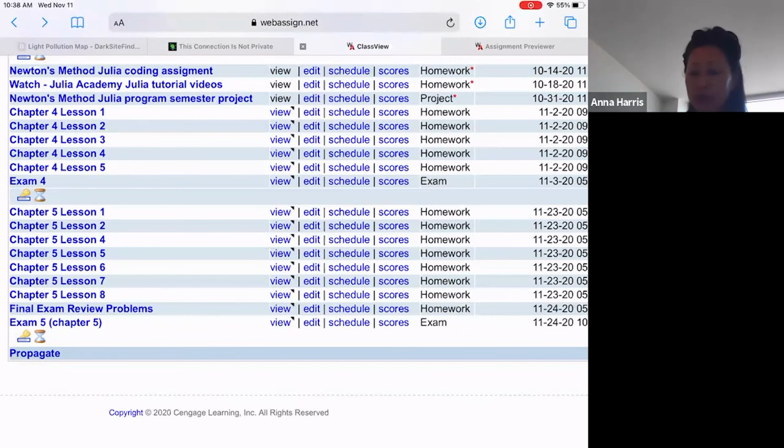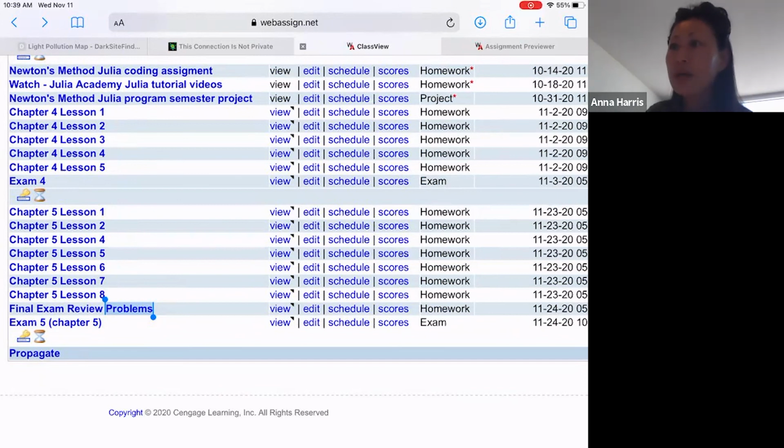But remember, your exam is on 24, and everything needs to be done by 23rd, and you need to start working on the final exam review. You need to start on those because your final exam is coming from there. Do not just work on your chapter 5 assignments. You need to start working on your final exam review problems because your final exam is on 25th. Okay, so everything is to be done. All right, I'm probably going to let you guys go if you don't have any questions.